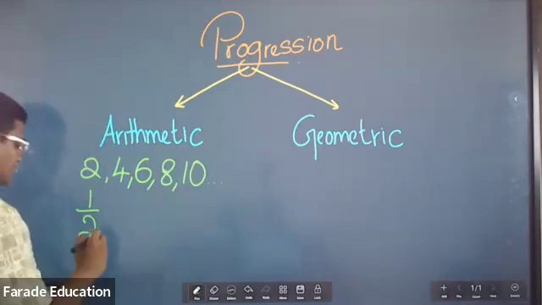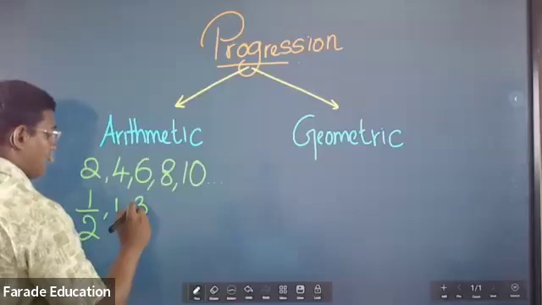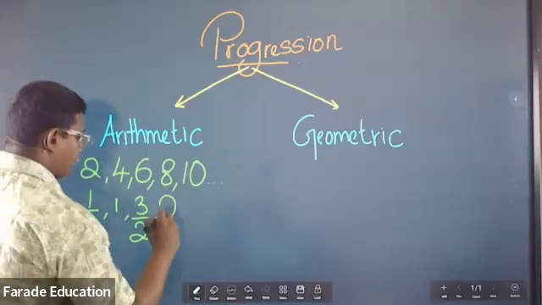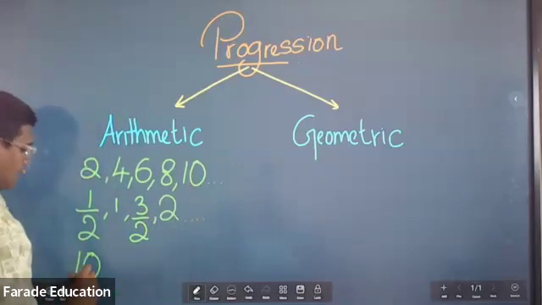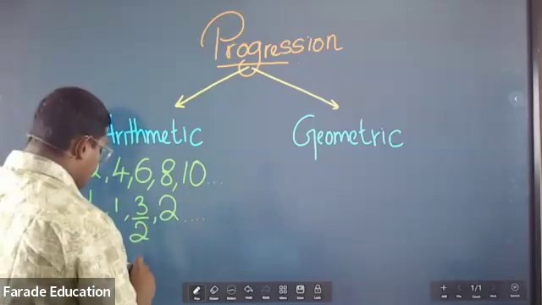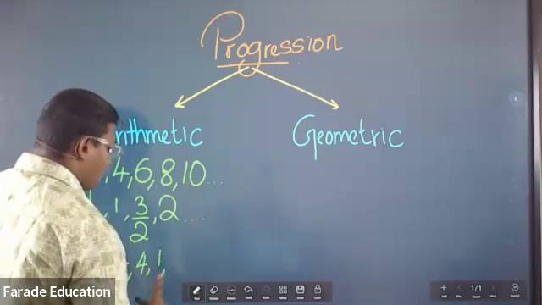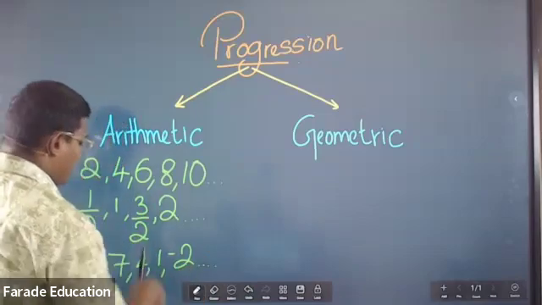Half plus half is 1. 1 plus half is 3 over 2. 3 over 2 plus half is 2. 10 minus 3 is 7. 7 minus 3 is 4. 4 minus 3 is 1. 1 minus 3 is minus 2. So what did happen here?